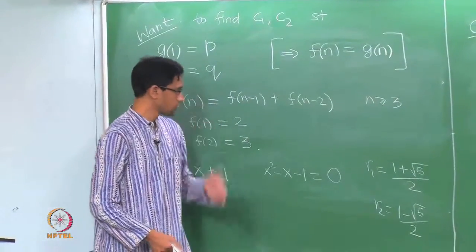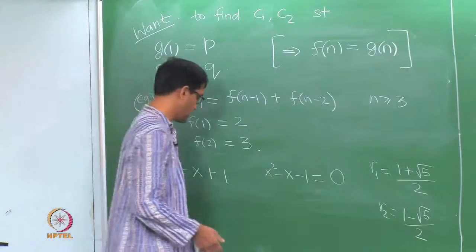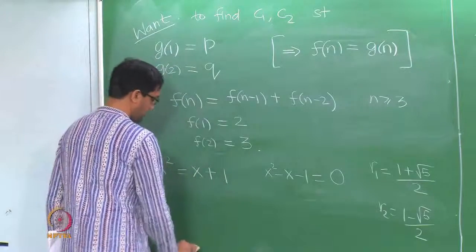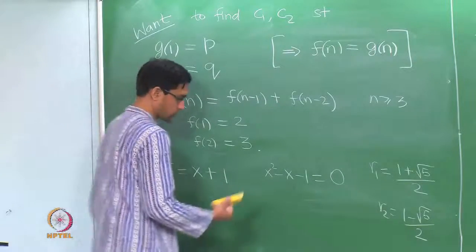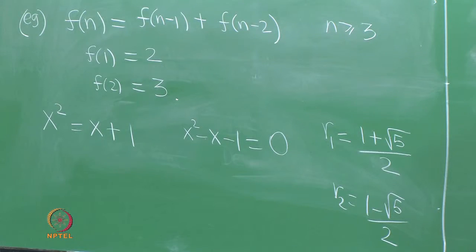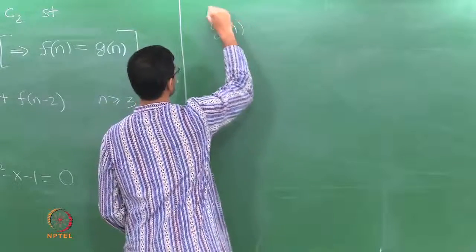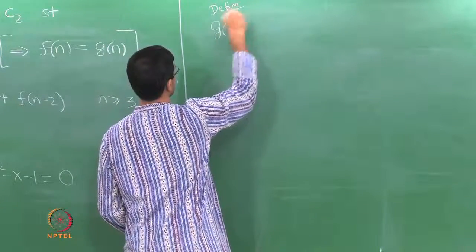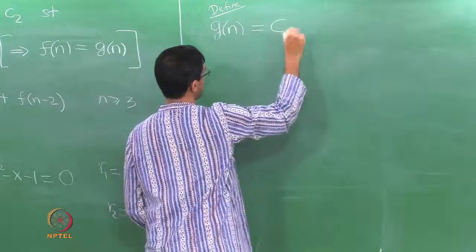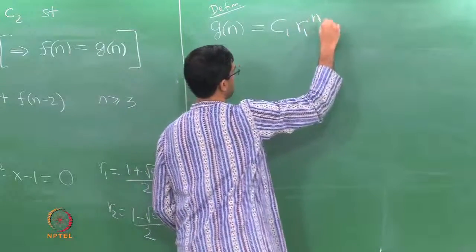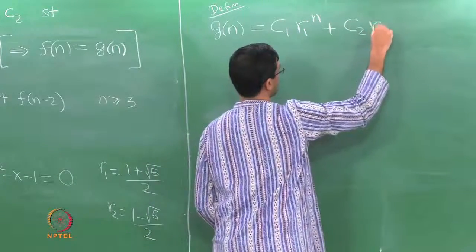Okay, so there are two distinct roots in this case, and so what does our prescription say? It says you look for solutions of the form... so let's form the sequence g of n. So let's define g to be a linear combination c1 r1 power n plus c2 r2 power n.